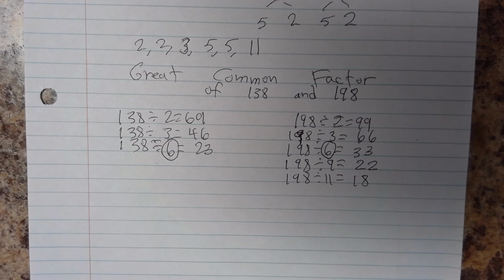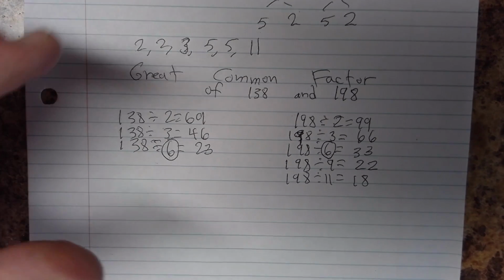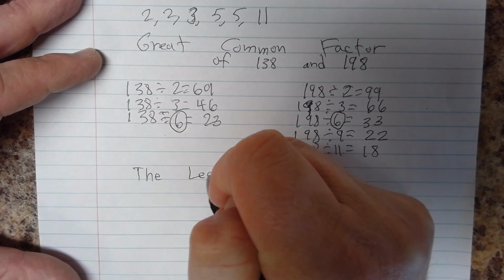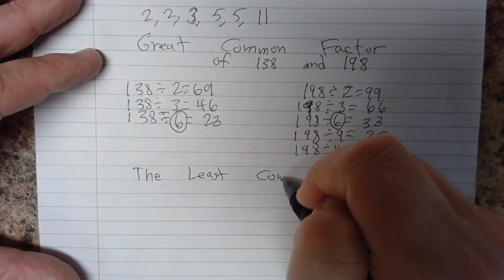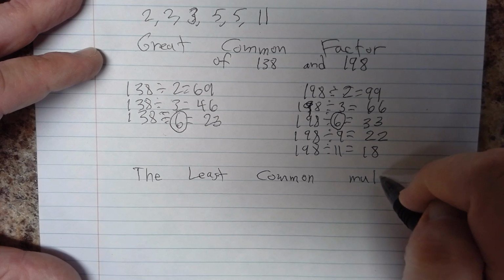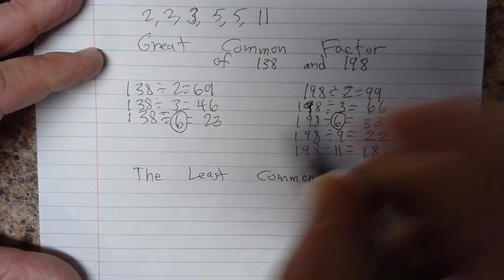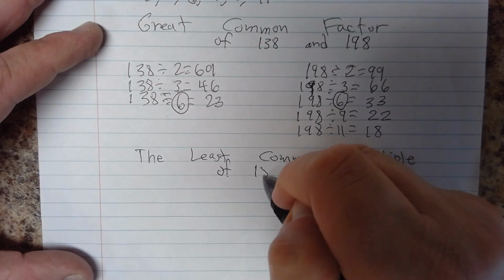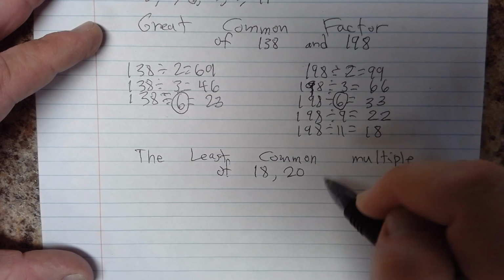Now I'll look at an example over on page 137, and that's the least common multiple of 18, 20, and 30.